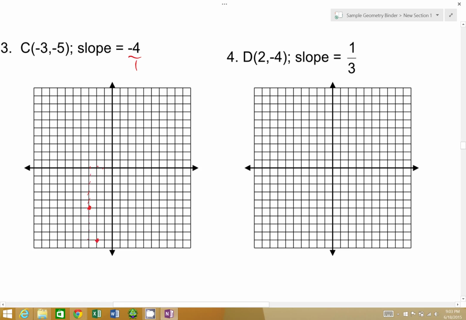So there's my new point. There's my line. It helps if you have a ruler. Now, let me show you a little trick. I know that from here to here, it was a difference of 4 and 1, so I'll do the same thing, just in reverse. That puts me with a point up there. Straight line.